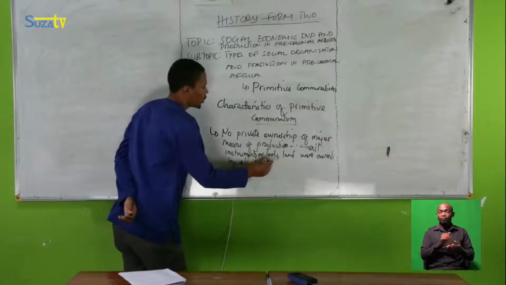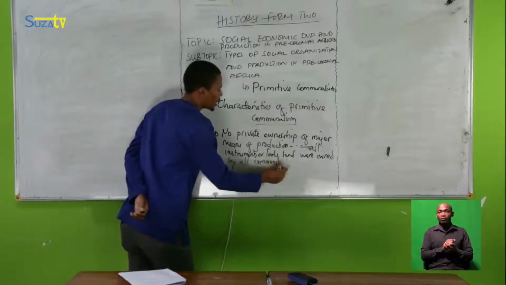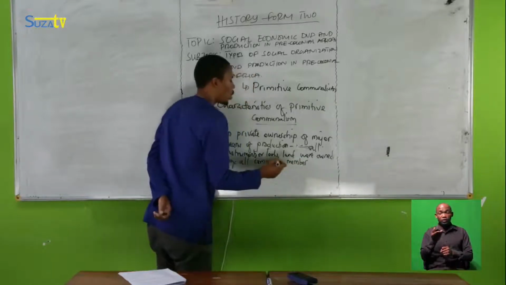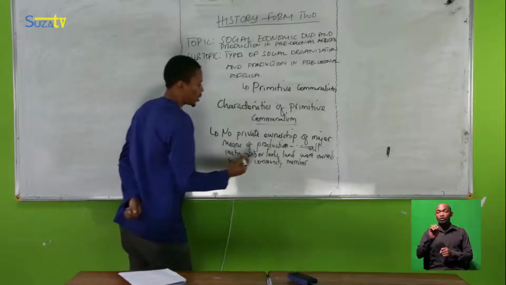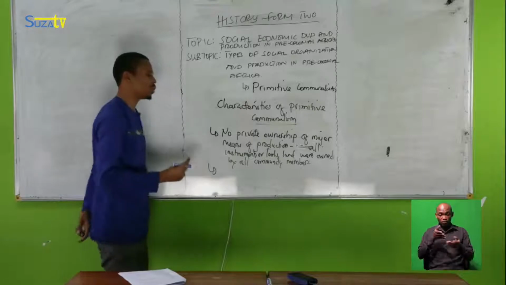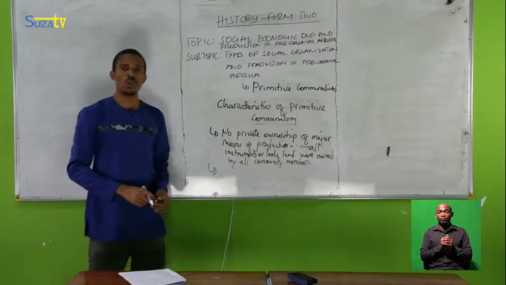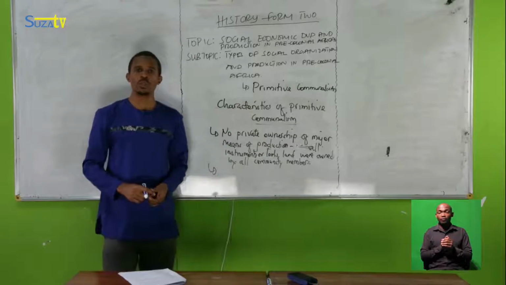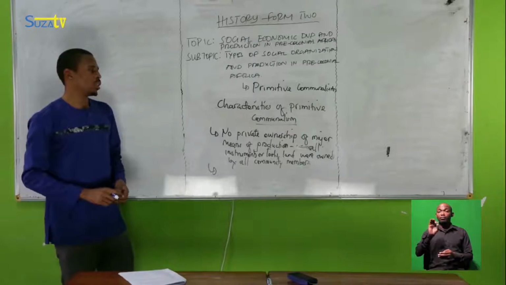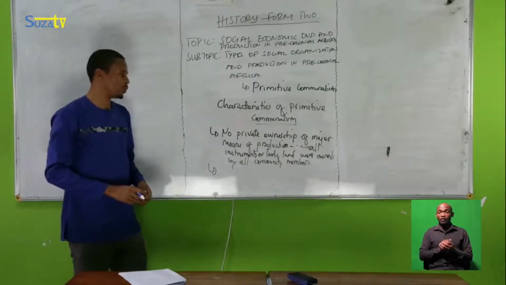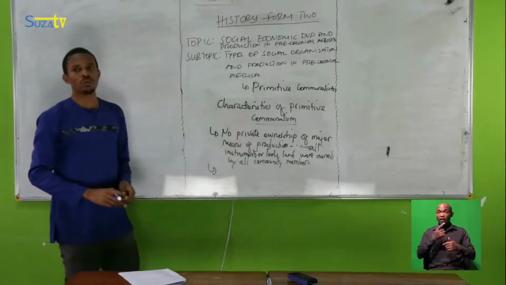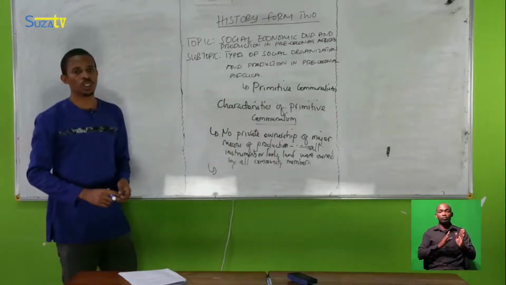This is where we get the concept called communal ownership of major means of production. This is one of the characteristics of primitive communalism: no private ownership of major means of production. Are we together?